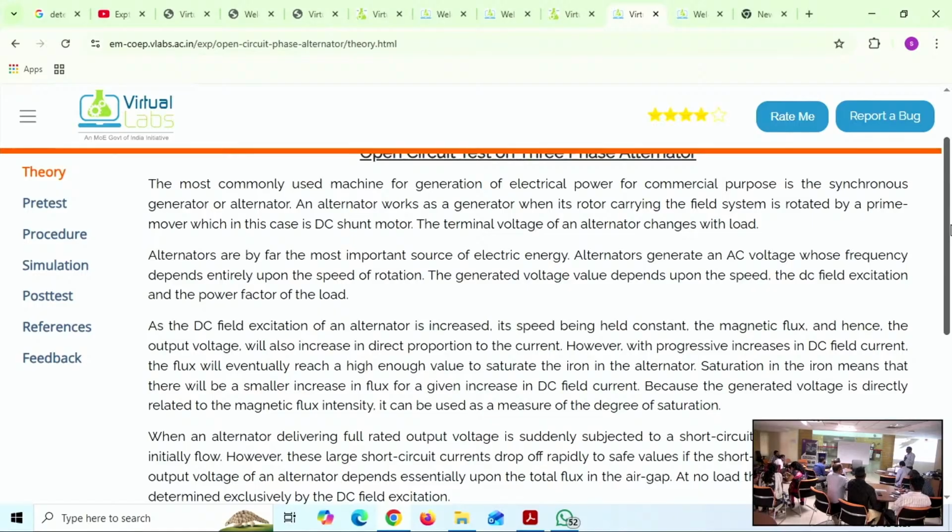If that is the resistance of the armature coil, then why go for this DC resistance measurement test? Before connecting to the open circuit test, first we conduct the measurement of armature resistance, in practice. How do we do that in the experimental setup?